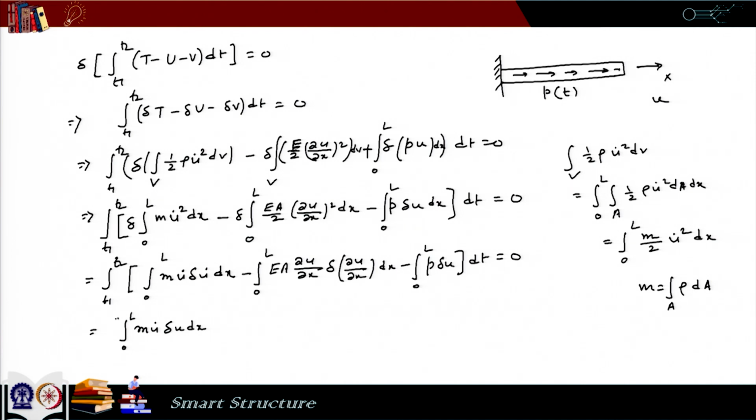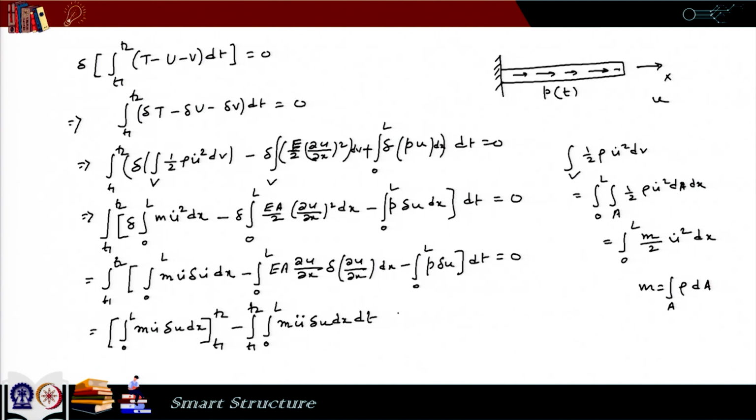So, it is delta u, and this entire thing evaluated between T1 and T2, and then we have integral from T1 to T2, derivative of this and this. So, 0 to L, if I take the derivative of u dot with respect to time, it becomes u double dot, and we have del u, del x, del t, and then we have the rest of the terms.